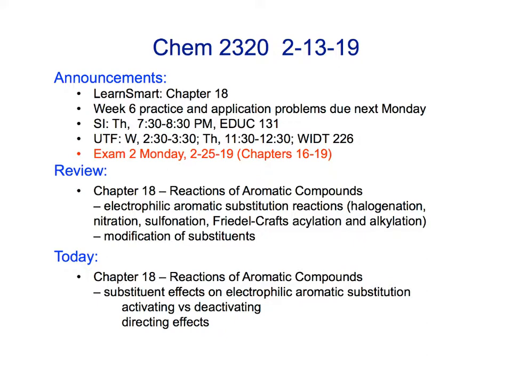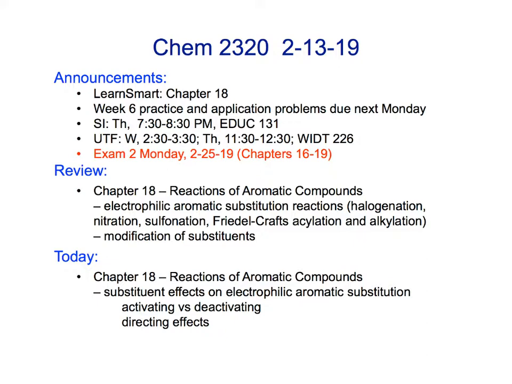Okay? So what we're going to do now is move forward. We're going to talk about what happens if we have one substituent on the ring and we want to add a second group. All right? So then we have to consider two different general things. First is whether that substituent on the ring is going to make the benzene ring more active or less reactive. And because when we add a second group, we can have different orientations.